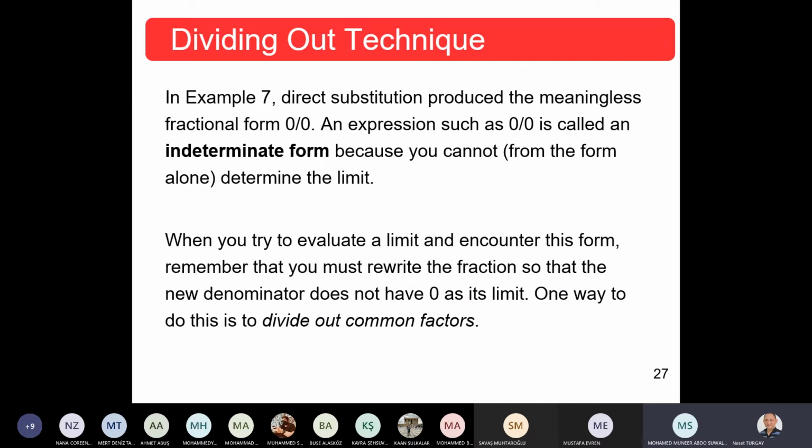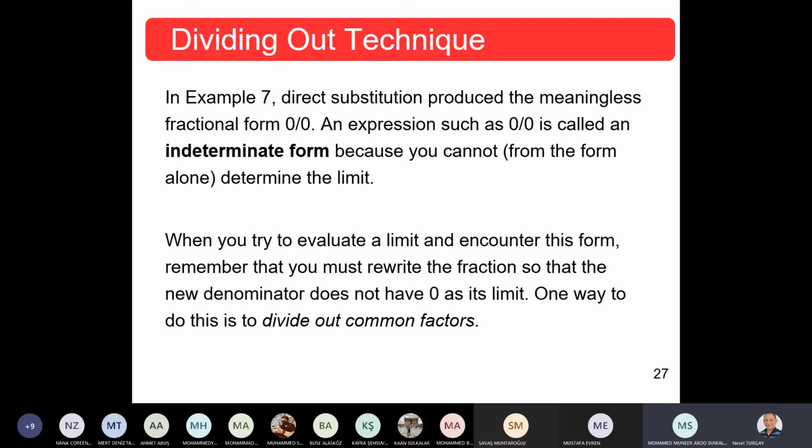Here again, it says what I said informally. Direct substitution produces the meaningless fractional form 0 over 0. An expression such as 0 over 0 is called, again I am telling you, an indeterminate form, because you cannot determine the limit from the form alone. When you try to evaluate the limit and encounter this form, remember that you must rewrite the fraction so that the new denominator does not have 0 as its limit.